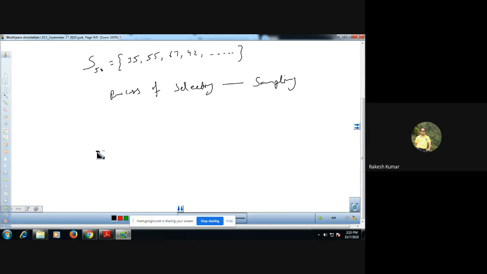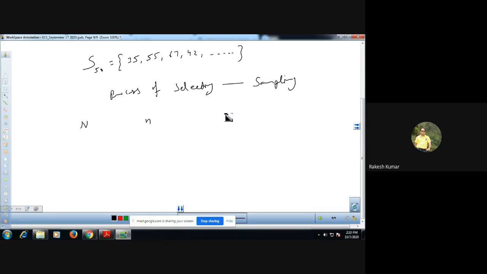There are different kinds of samples or sampling distributions. Now there are certain notations also. Capital N we take for population size, small n we take for sample size.